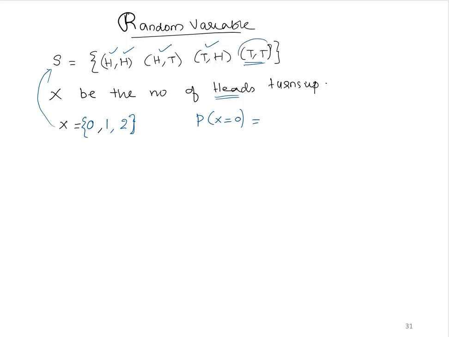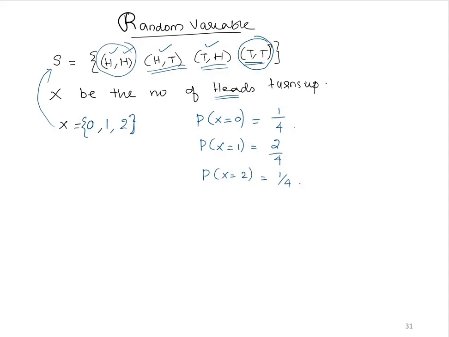That means it is tails only, so that is 1 out of 4, right? And what is the probability of X equal to 1? X equal to 1 means one head. One head can happen in this way or this way. So there are two favorable cases out of 4, so 2 out of 4. Now when X is equal to 2, that means 2 heads. That is again only one case, 1 out of 4.